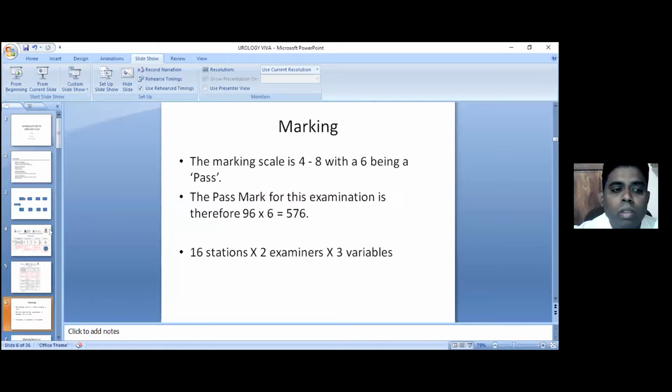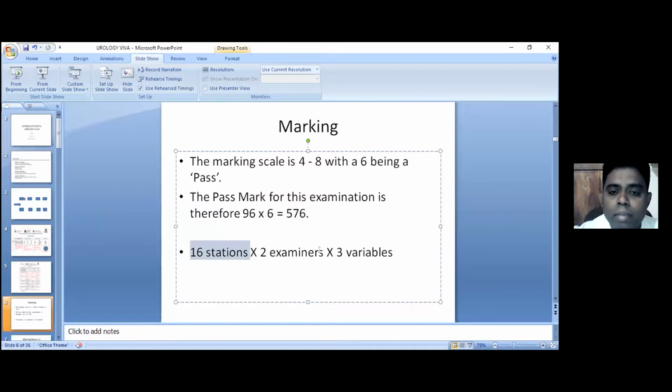So now you are going to 16 stations with 2 examiners, and each examiner is going to give marks for 3 variables. The pass mark is 6. So 6 multiplied by 3 multiplied by 2 multiplied by 16.